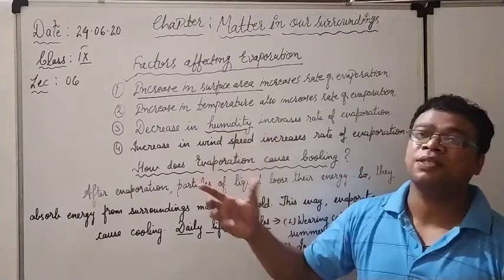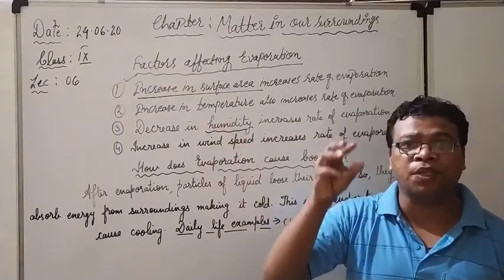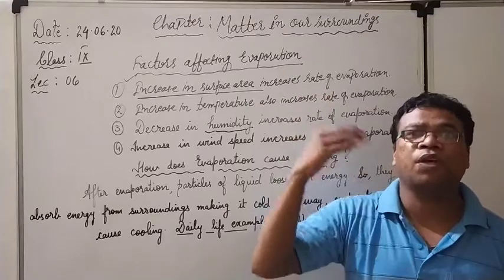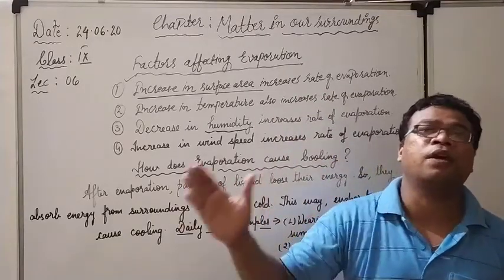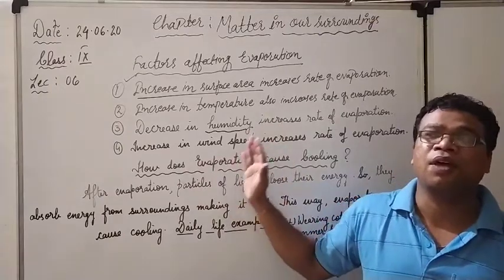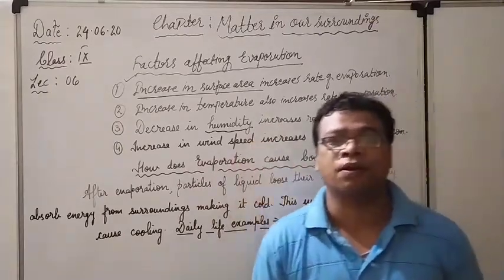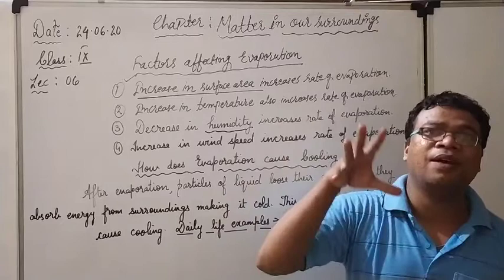So humidity means the amount of water vapor which is present in the air, and because of the humidity sometimes the wind does not blow from here to there. Why? Because if the humidity is more in the air, it makes the wind heavy.